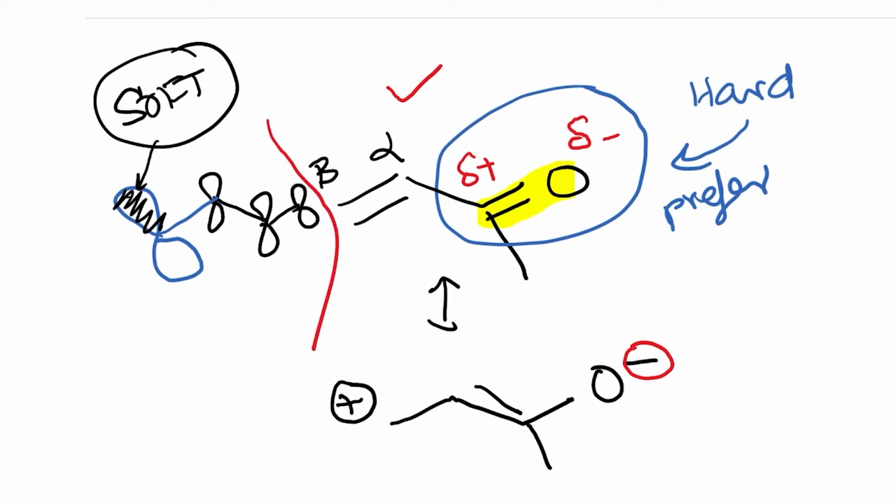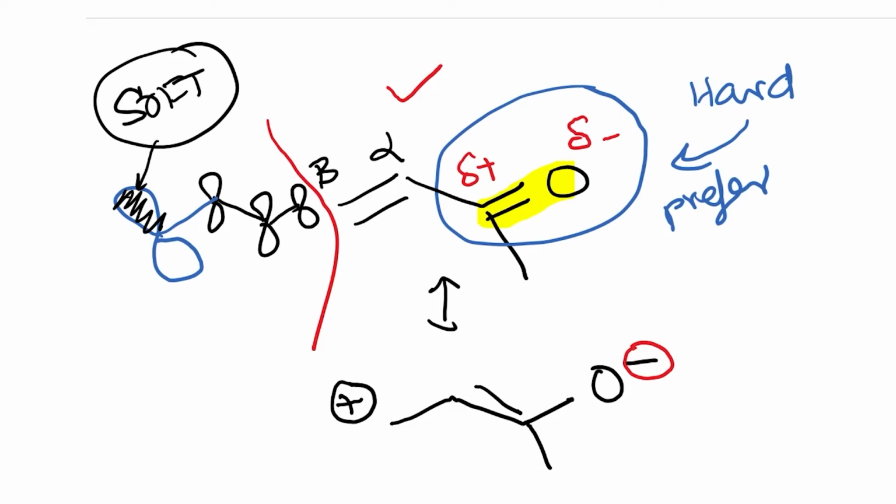And the way we explain this is that we need to invoke this concept of hard and soft nucleophiles. There is a scale, and this is dictated by how polarizable the atom is. So the smaller the atom and the more localized the charge is, the harder it is. The larger the atom and the more diffuse the charge is, the softer it is.